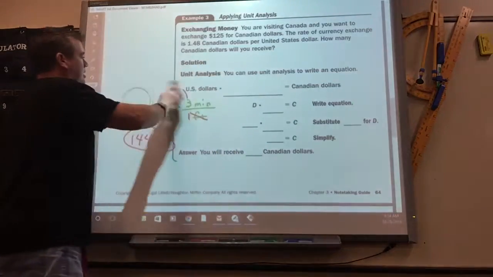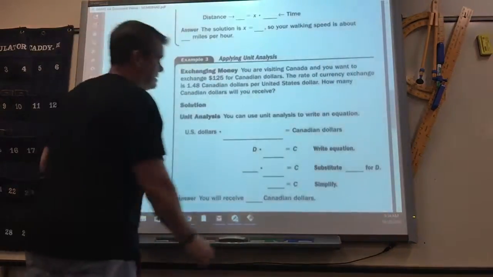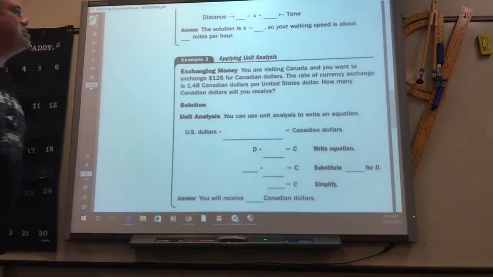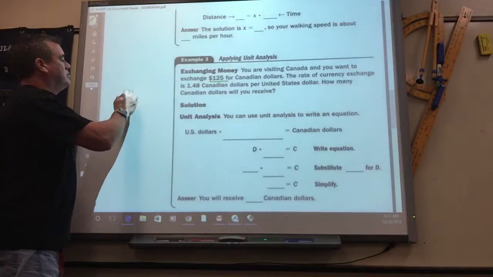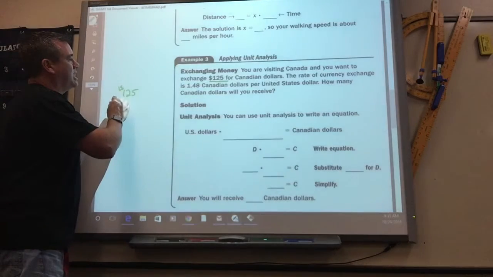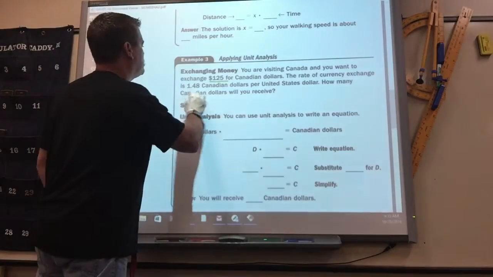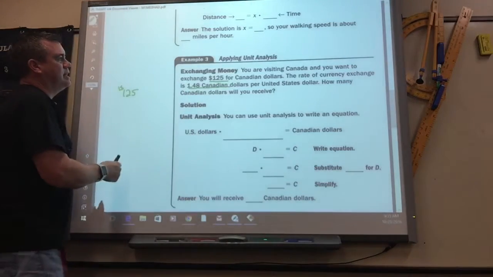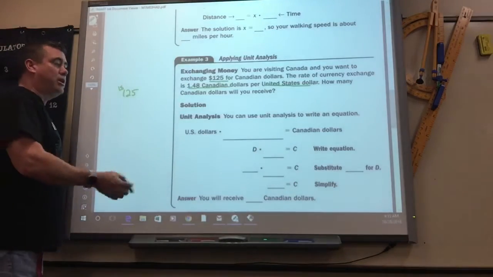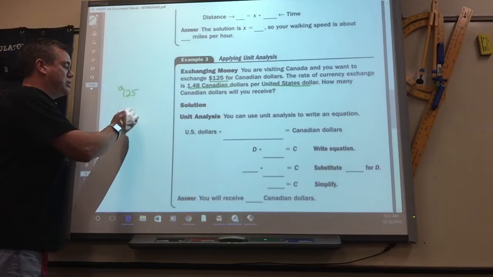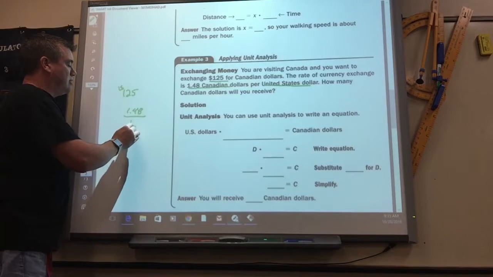Now the ones we're doing are a lot of money stuff, converting money. So you're visiting Canada and you want to exchange 125, that's American, for Canadian. The exchange rate is 1.48 Canadian per United States dollar. So there you can just write a proportion. 1.48 Canadian is 1 US, right?